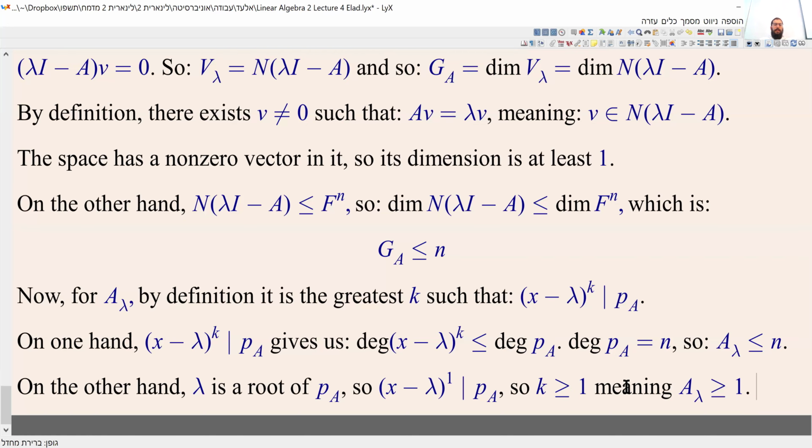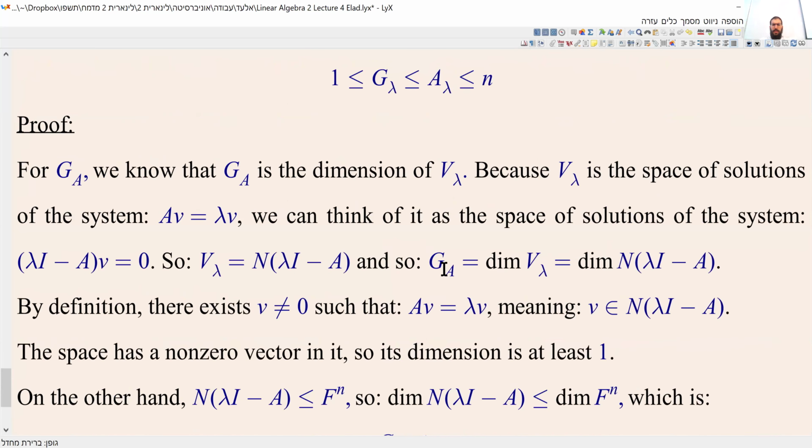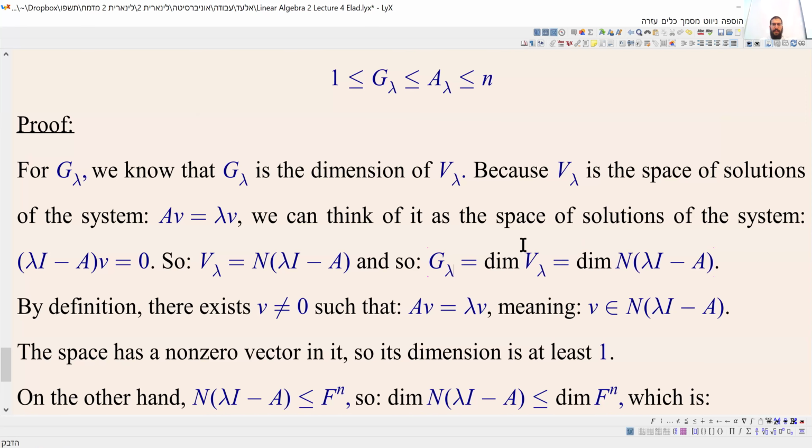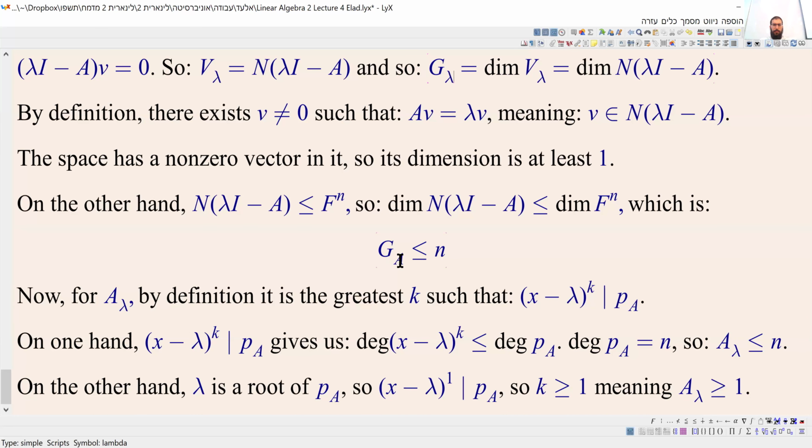We get for A lambda, not GA, it's G lambda. Why did I start with GA? Because we came back from the break. I was confused. It's G lambda and A lambda. That's how I call them.